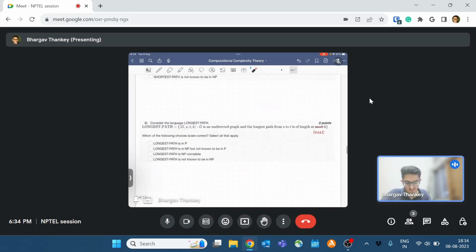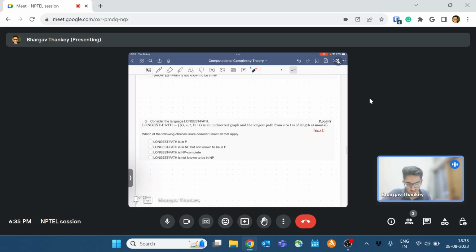Okay. So the next is, consider the problem longest path. This language is the set of all four-tuples G, S, T, K, such that G is an undirected graph and the longest path from S to T is of length at least K. The options are: longest path is in P; longest path is in NP but not known to be in P; longest path is NP-complete; and longest path is not known to be in NP.